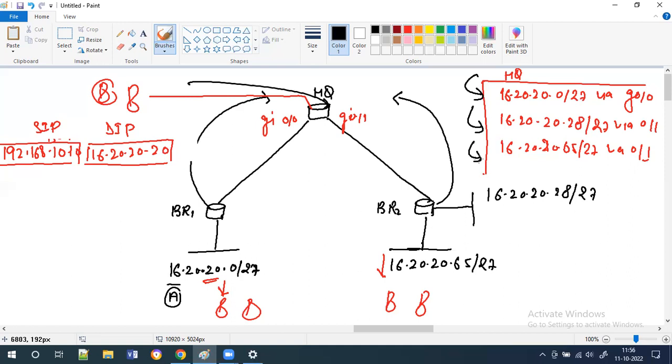Why? If you see this, 16.20.20.0/27 and 16.20.20.28/27. What is the range for this?